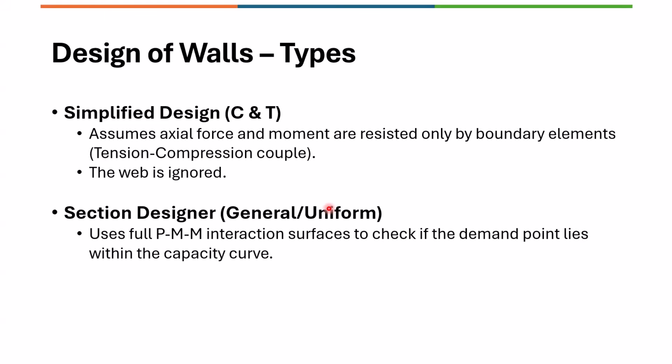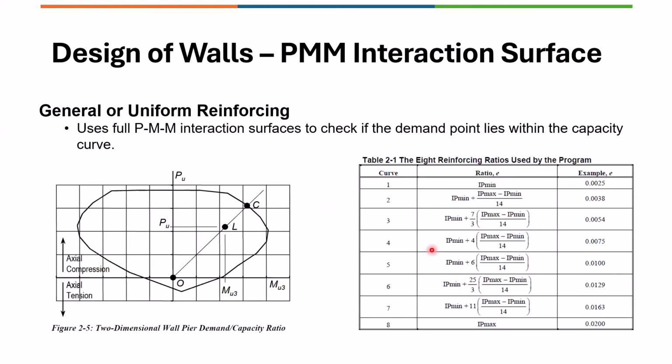If any one combination falls outside, the wall design will declare it a failure condition, right? How it does this internally should be understood because this is being widely used, and a better understanding of this procedure will help you in taking your design decisions.